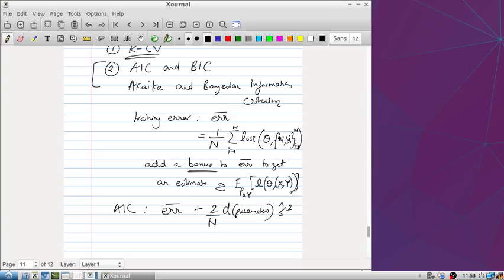What are these things? 2 and n are anyway constant; n is the number of data points. You need to know the number of parameters in your model, some function of the number of parameters. If you're comparing linear models, it could be the number of coefficients or something like that. So this is model dependent, and I'm just writing it generally as some function of parameters.